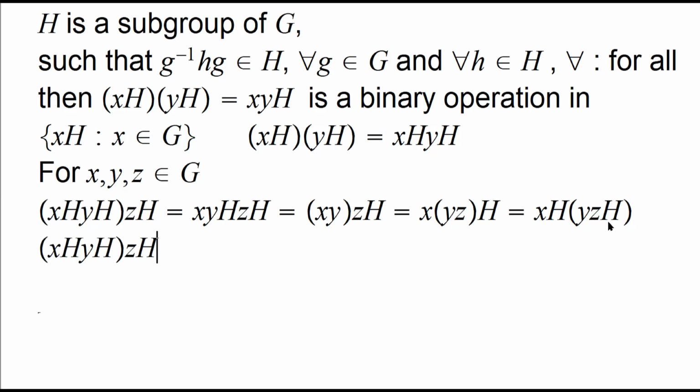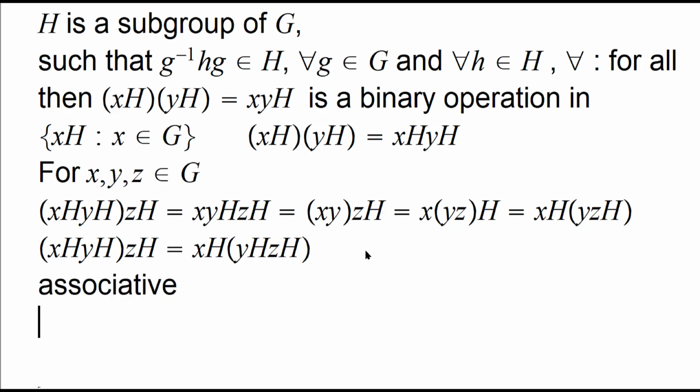Let's just take the value on the extreme left and bring this in here. So what we get is, I can write this value as YH times ZH, right? So this is also associative, right?